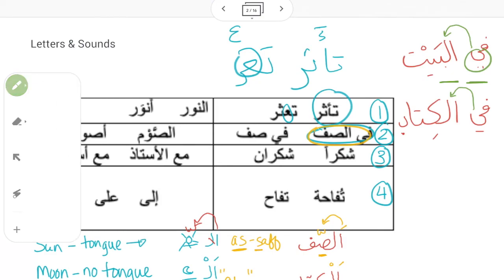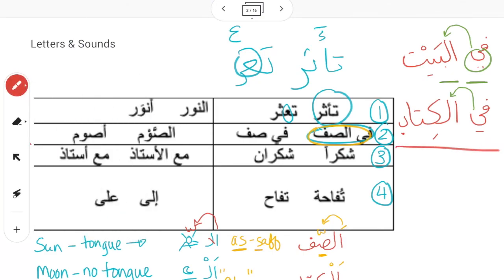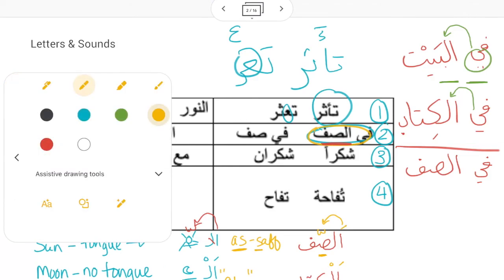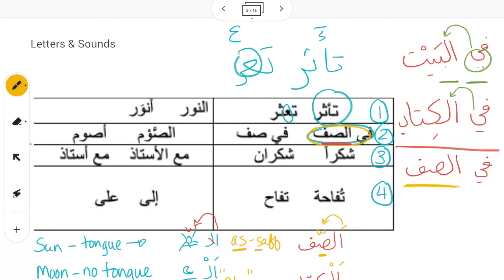Now what happens if you have a sun letter? So if we have fi, and like this example here, saf. I want to say in the class. This word by itself, saf, do we pronounce it al? No, because that sad is a sun letter. We just went over it right here. So we pronounce that as-saf.